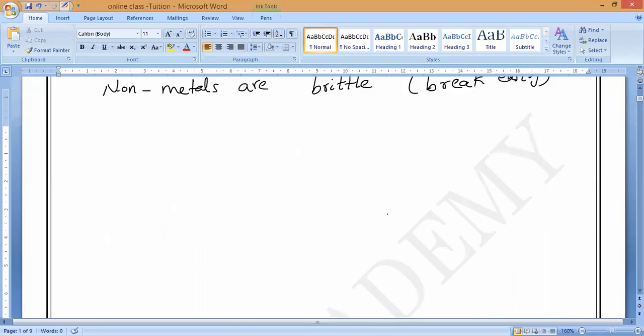So if you take the metals, we can hammer them into thin sheets and we can stretch or draw them into thin wires. But with non-metals, it is not possible. They can neither be hammered into thin sheets nor drawn into thin wires. That is why non-metals are brittle. They will break easily.